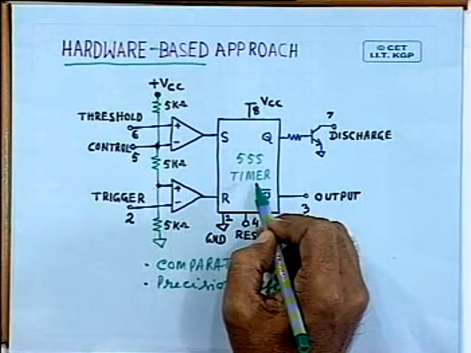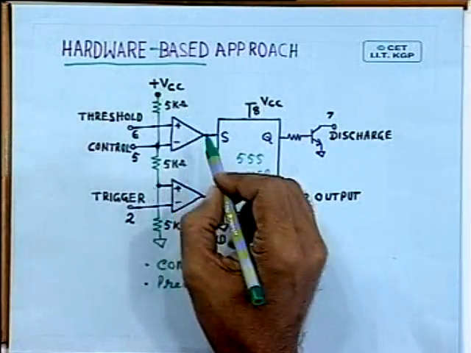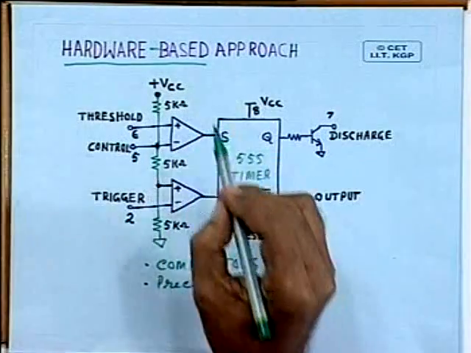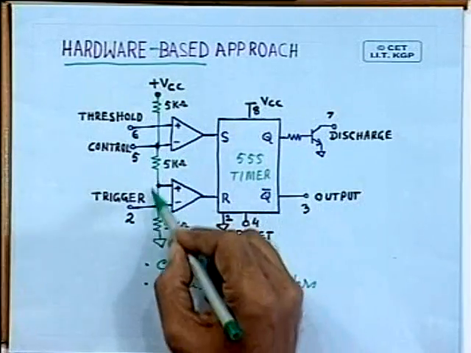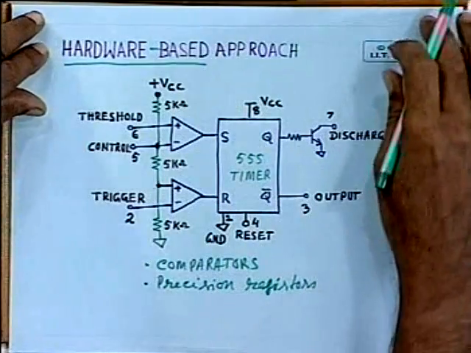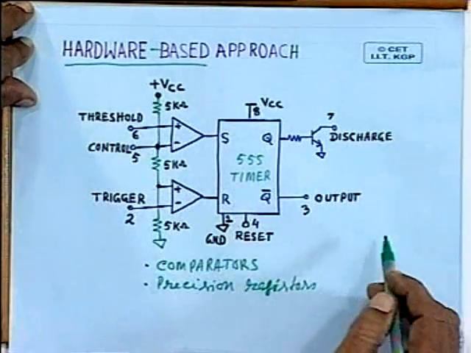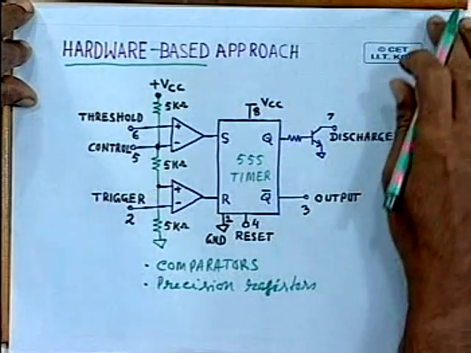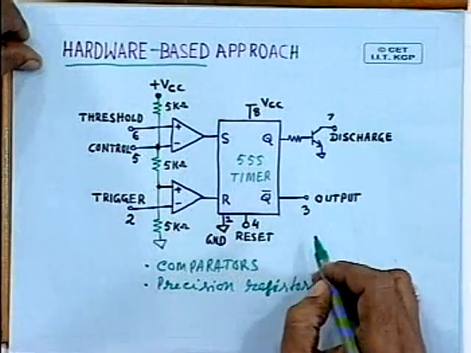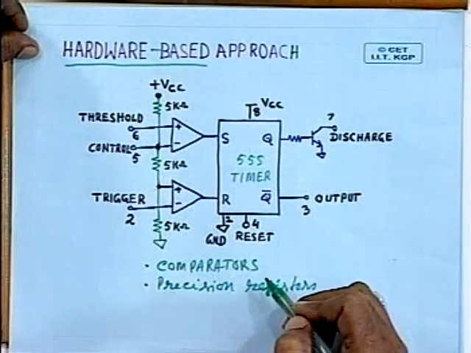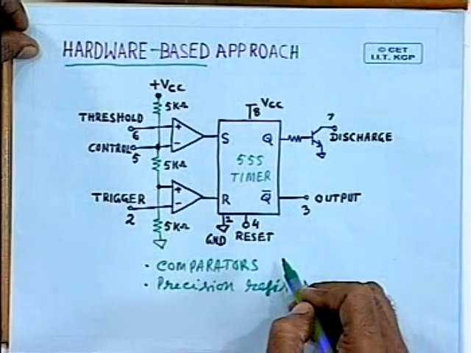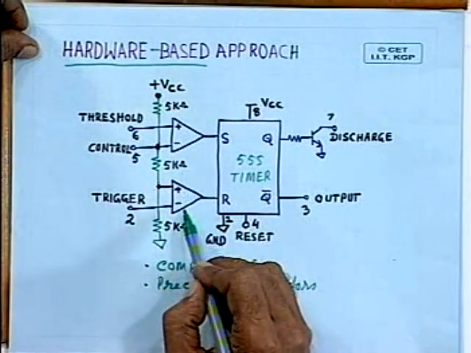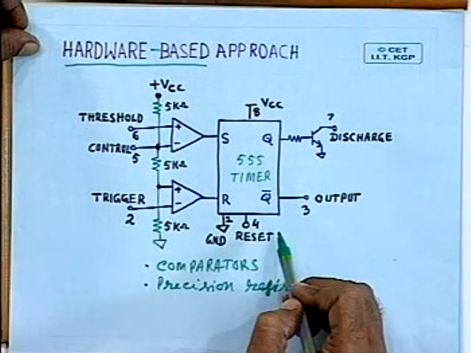It is very versatile, but since it is hardware based, all the functionality has to be implemented by suitable interconnection, hardware interconnection. Just to give some idea about how you can implement a clock generator or a delay generator, let me explain briefly the operation of this very popular chip.